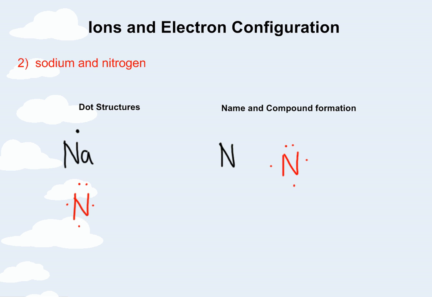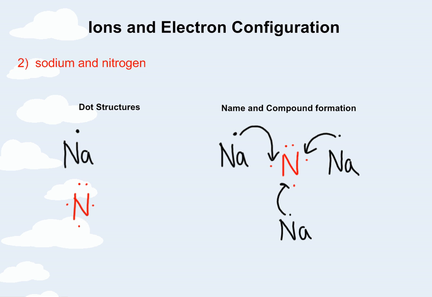If I have 1 sodium, this electron from sodium can pair with that nitrogen. Well, nitrogen's not happy. It doesn't have 8 yet. It now has 1, 2, 3, 4, 5, 6. It needs 2 more. So there's another sodium with another electron to give away. Well, it still needs 1 more. So there's another sodium with another electron to give its electron away.